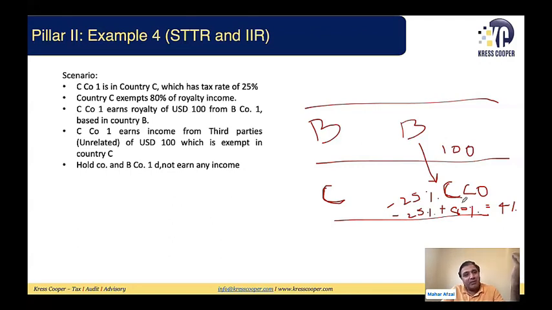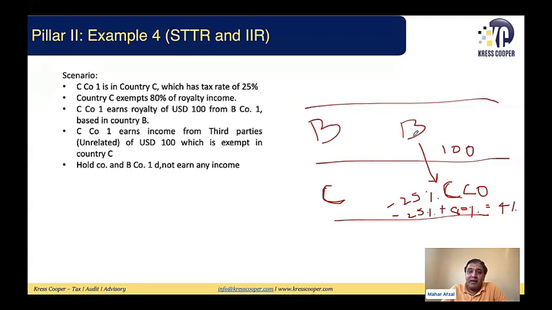If this 9% is not applicable in the jurisdiction which is earning the income, then it needs to be topped up as well, and this will be deducted while calculating the overall 15% tax.